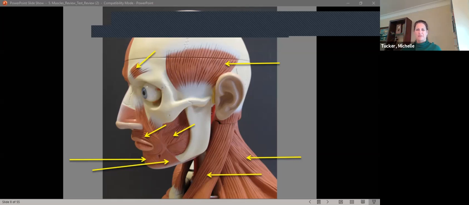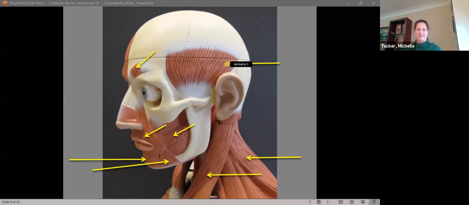So if you could put a star on temporalis, so you guys can remember how to stamp. Yay, okay. Let's put a heart on corrugator supercilii. Be super silly with our eyebrows. Okay, then the next one we're going to do is, let's go ahead and identify sternocleidomastoid.